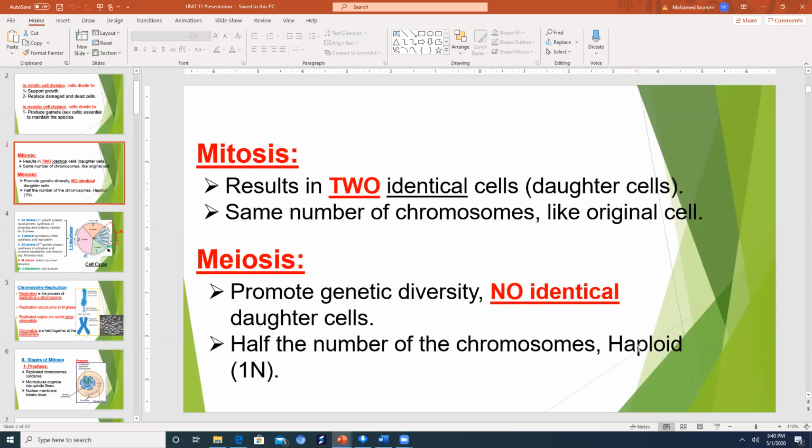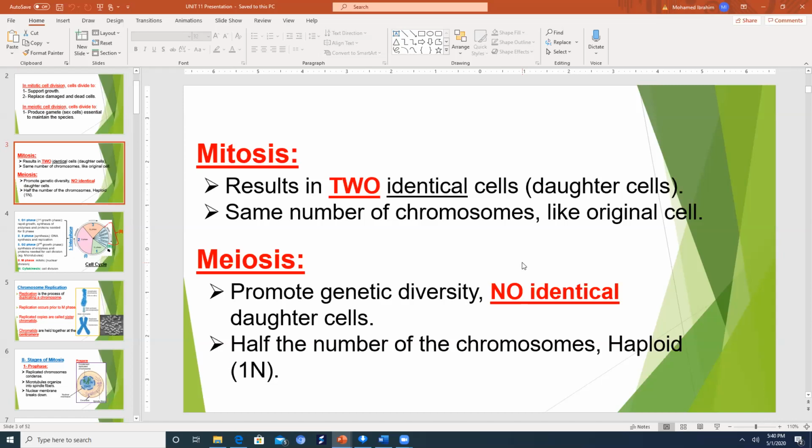We call this haploid. In humans, for example, we have different kinds of cells. We have cells that undergo mitosis, like our liver cells, our heart cells, our muscle cells, to increase in number and increase in size.